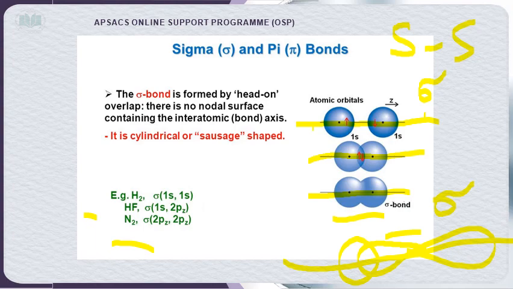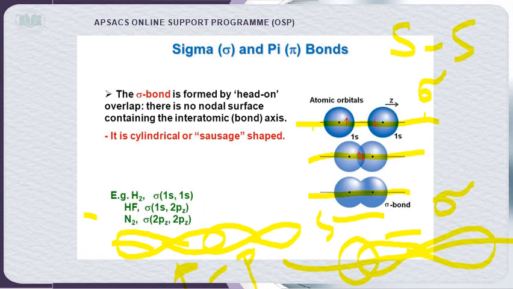And if I say I have to make N2, then there will be two nitrogen atoms with their p orbitals lying on the central axis like this. So this is P to P overlap. So we can say three overlaps will give you the sigma bonds. This can be S to S orbital overlap, this can be S to P orbital overlap, and this can be P to P, which is lying on the central axis.